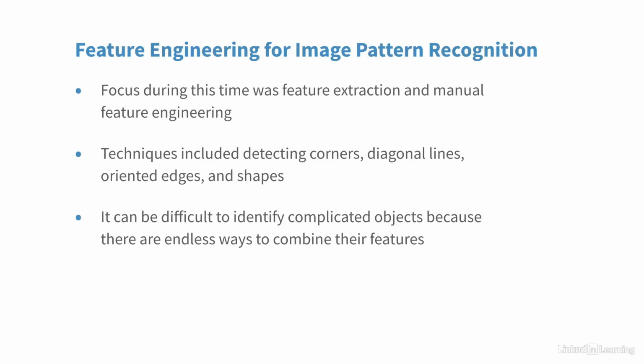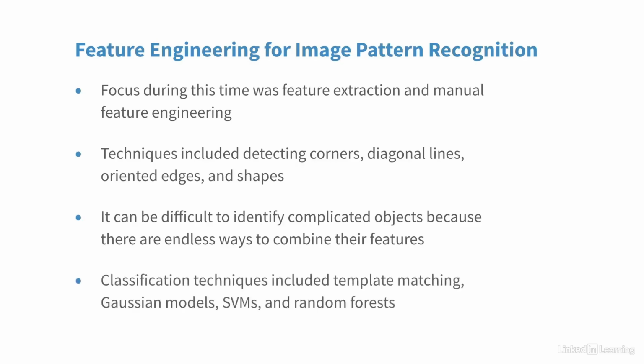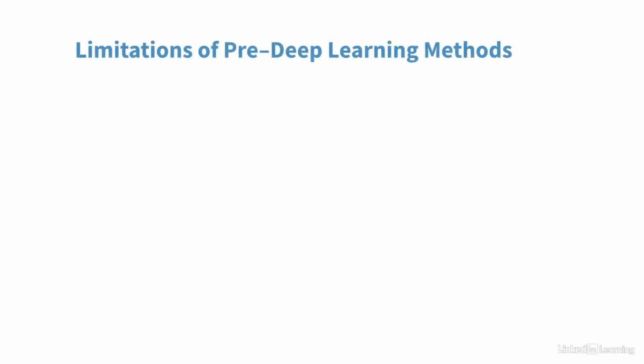For example, creating a model that can recognize a cat using just 10 features representing parts of the face, body, and ear would require nearly infinite combinatorial possibilities. These features were then used in classifiers like template matching or in statistical models such as Gaussian models, SVMs, or random forests to then recognize and classify an image. These methods did have their limitations.